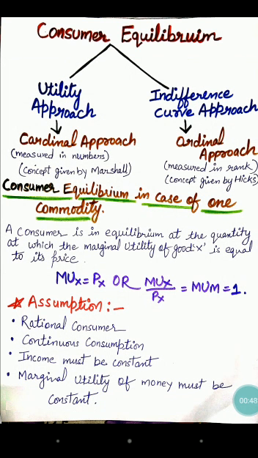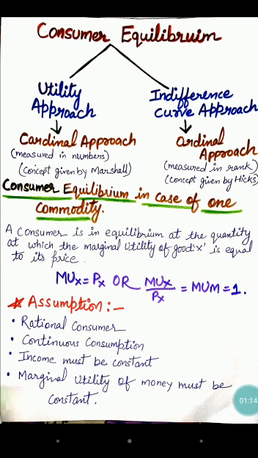First of all, I want to tell you who is a consumer. A consumer is a person who consumes goods and services for satisfaction of want. Now, what is consumer equilibrium?